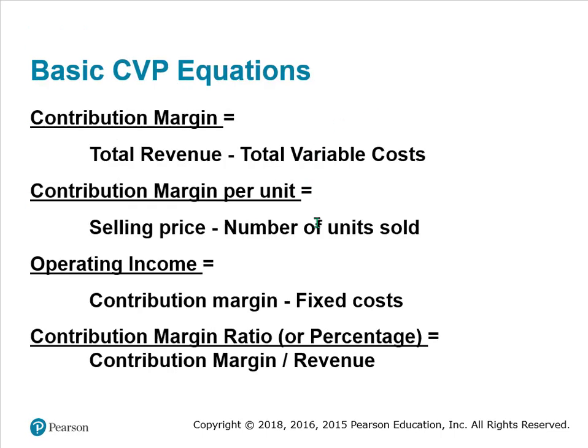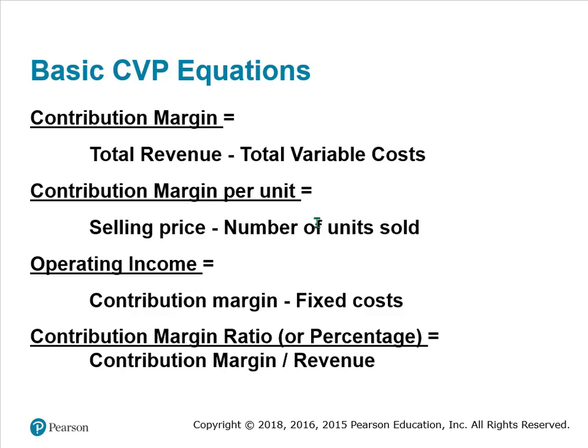Now here are some of these equations that express the relationships, and to make good decisions on CVP, we need to understand these relationships. And it's one thing to think that you know it, but you don't know it till you really, really can reproduce all of it and it's solidly in your head.